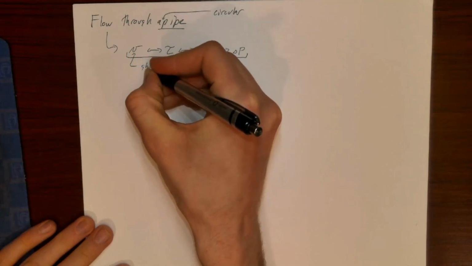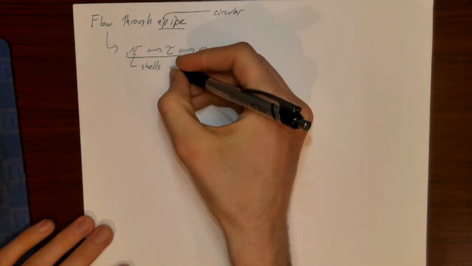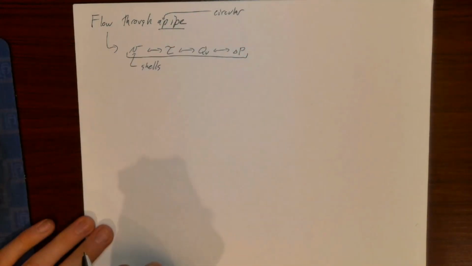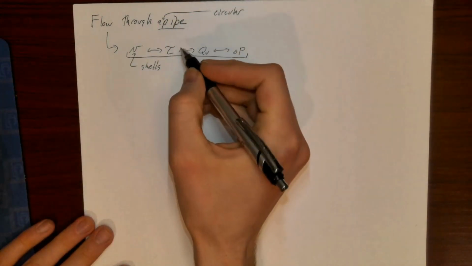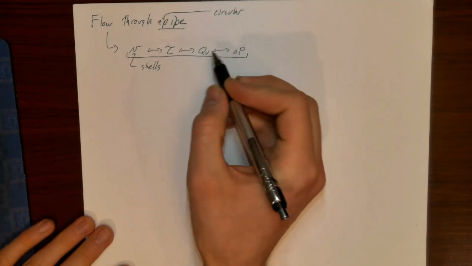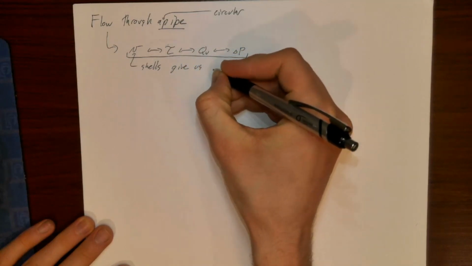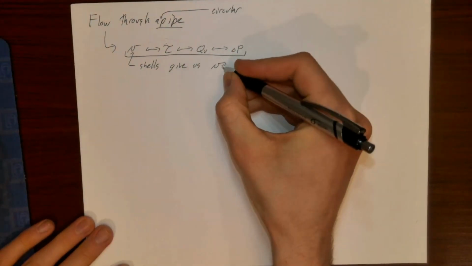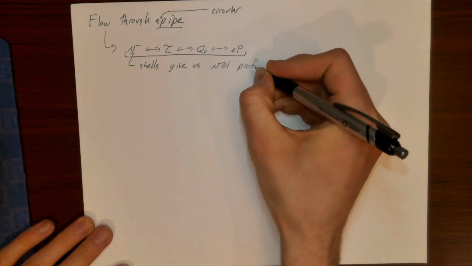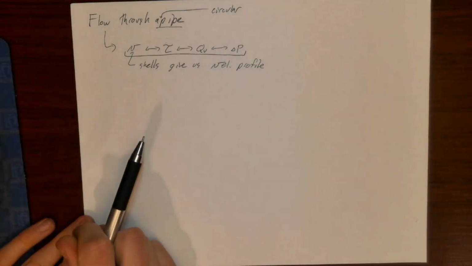So shells, the problem-solving strategy, give us a velocity profile, and once we have a velocity profile, that unlocks all of these awesome things.